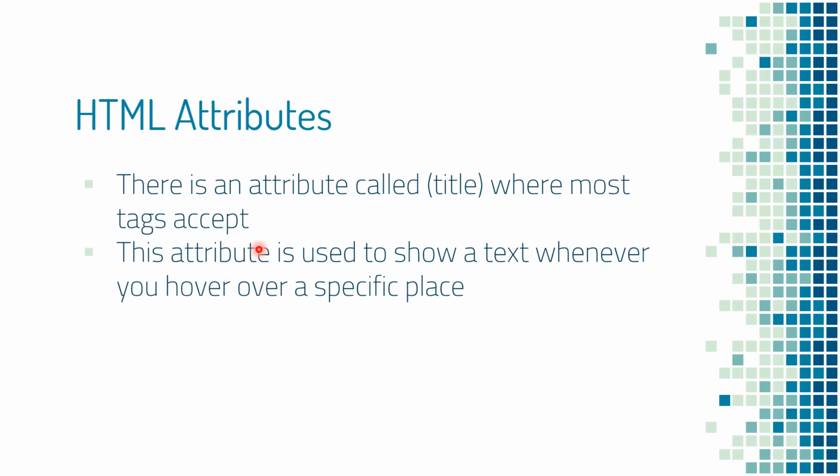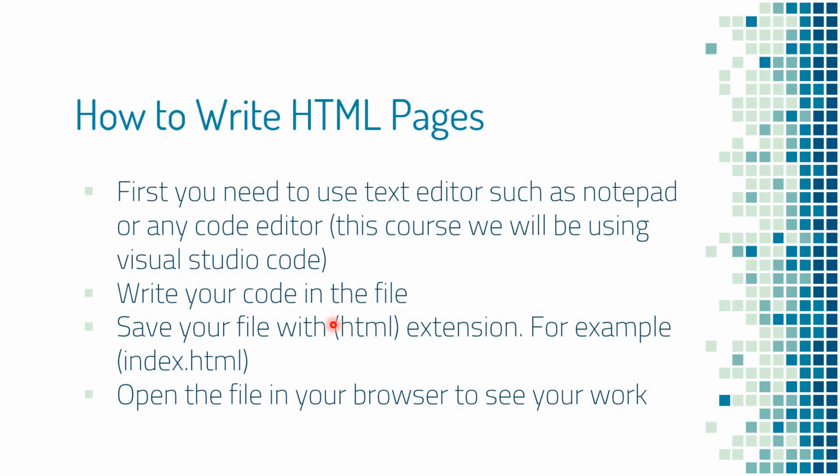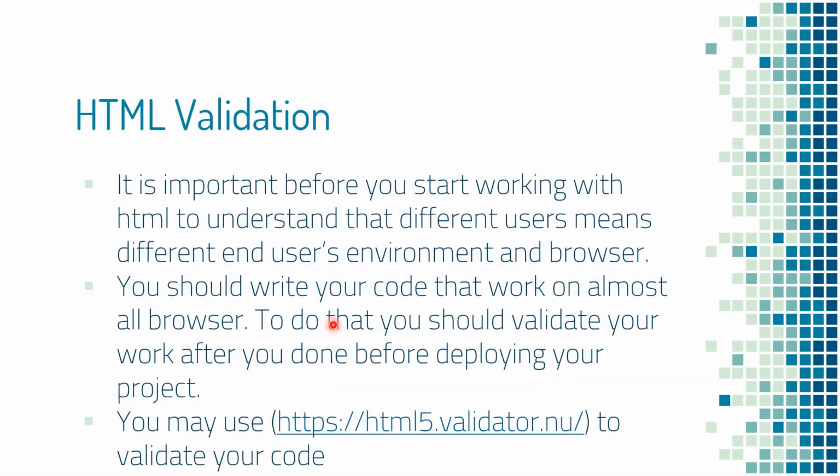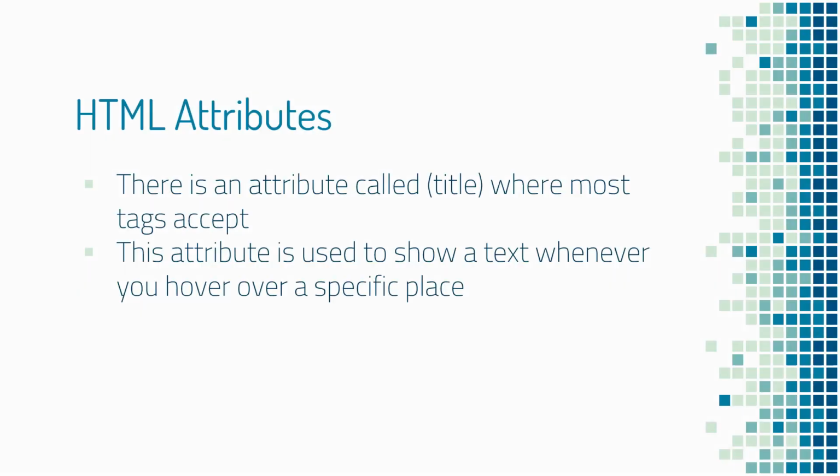The functionality of this attribute is to add text that shows up whenever you hover over an element or a table. A small text will show up. I'm going to let you see it once we get there.